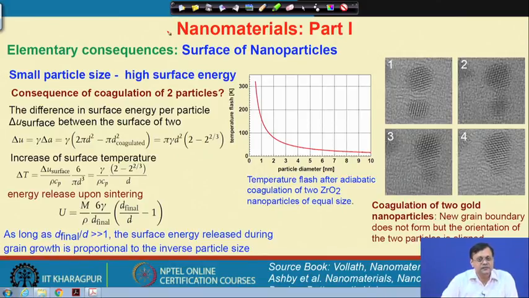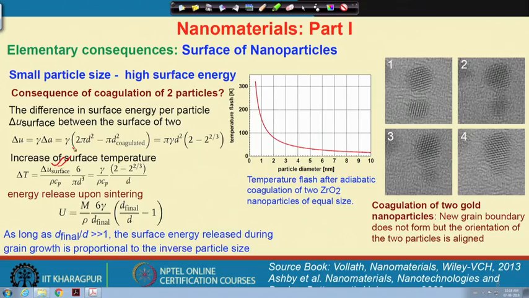However, if such a case occurred, then the surface will release energy. So, where will that energy go? Yes, if there is a release of energy and it is adiabatic in nature, then it will increase the temperature of the particle, isn't it?